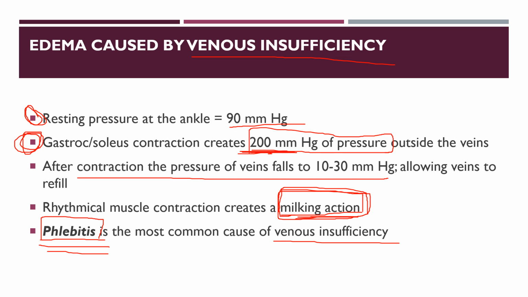So if you're wondering why phlebitis is always a contraindication for a lot of our modalities, it's because it can cause venous insufficiency, and this leads to DVT formation. Okay, so we really need to look out for this.